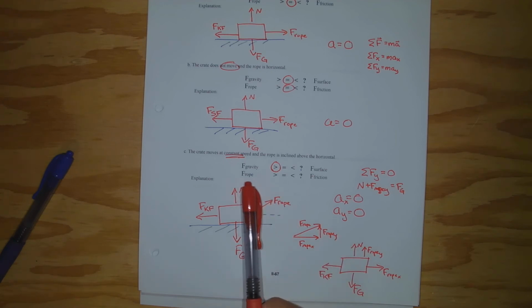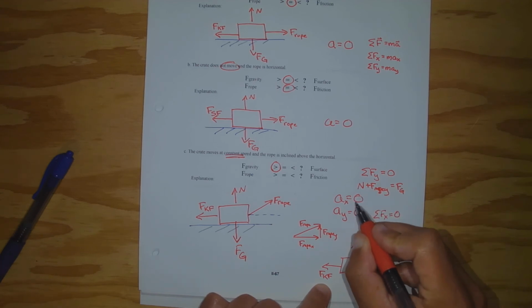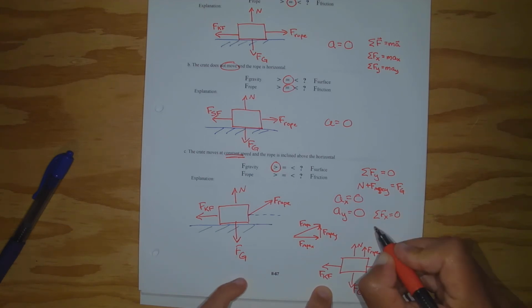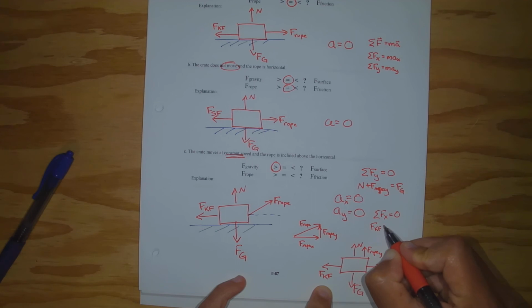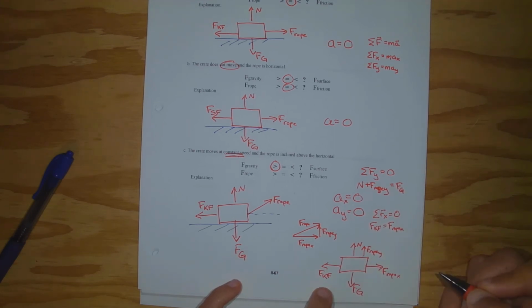Then we're going to compare the force of the rope and the force of friction. Well, the sum of the forces in the x direction is equal to 0 because the acceleration in the x direction is equal to 0. This means that the leftward forces are equal to the rightward forces. This means that the force of kinetic friction is equal to the force of the rope in the x direction.